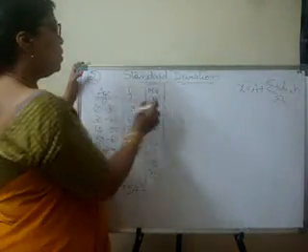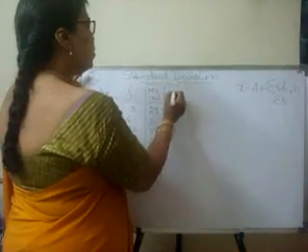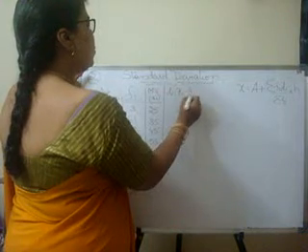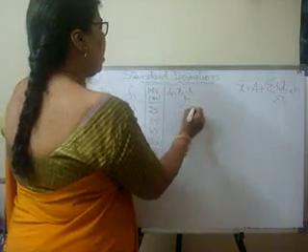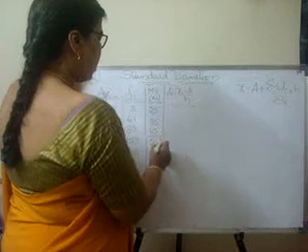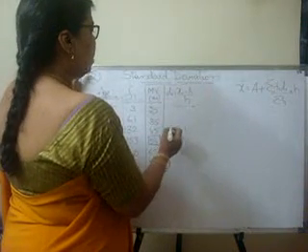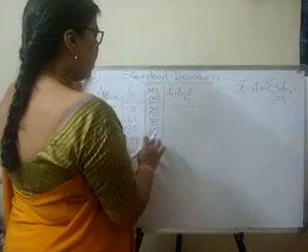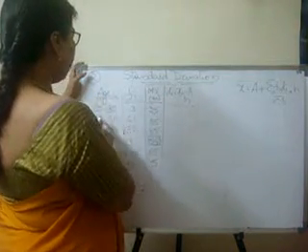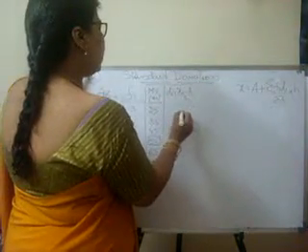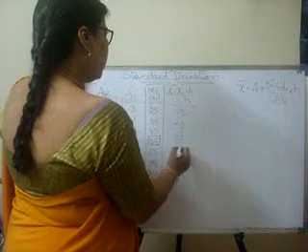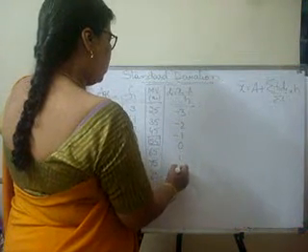And from this we find the deviation, (Xi minus A) by h. Our A is 55. So 25 minus 55 is minus 30, divided by 10 is minus 3, then minus 2, minus 1, 0, 1, 2, 3.